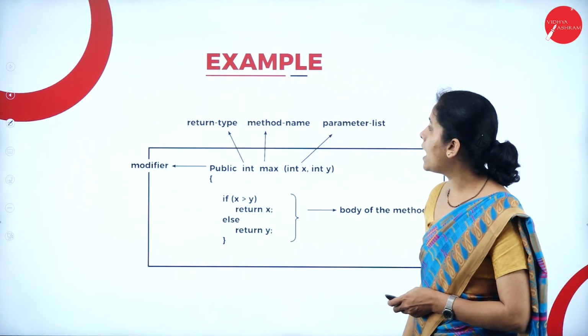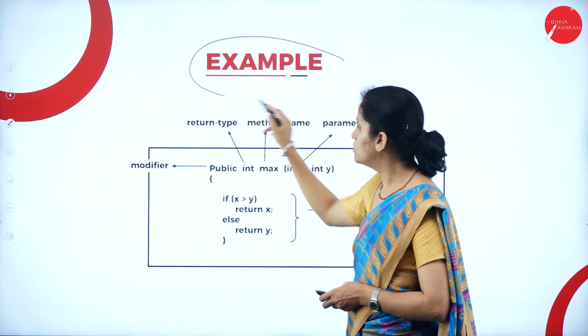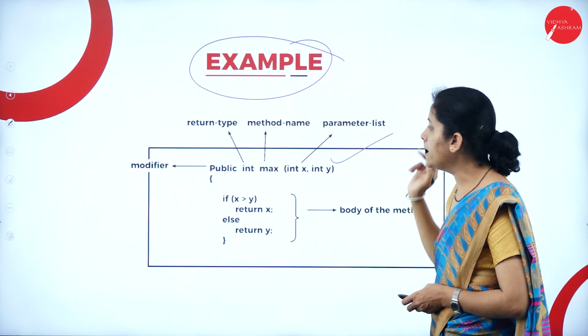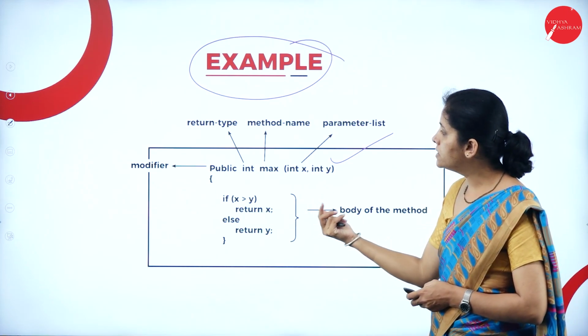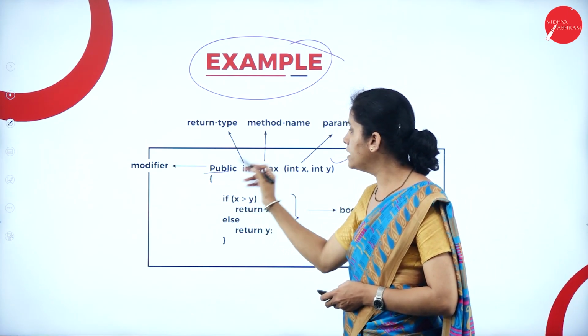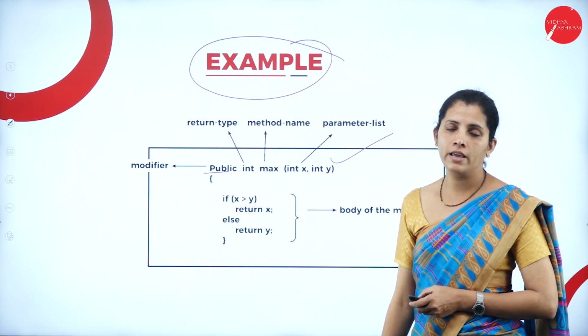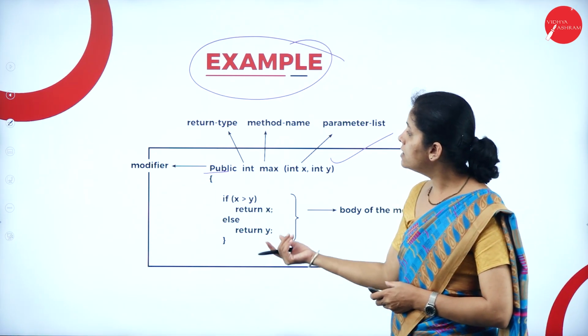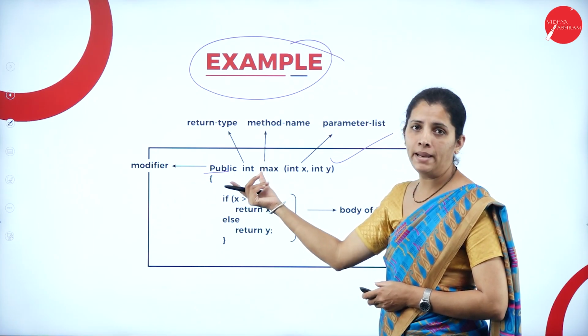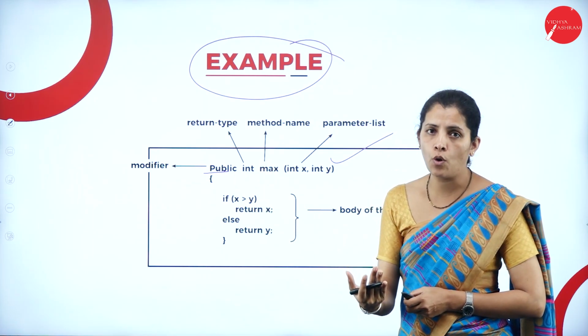Now I'm going to have the example. Dear student, this is my example program. Now see, I'm going to specify the access modifier or access specifier. Here I specified public. Public in the sense what?